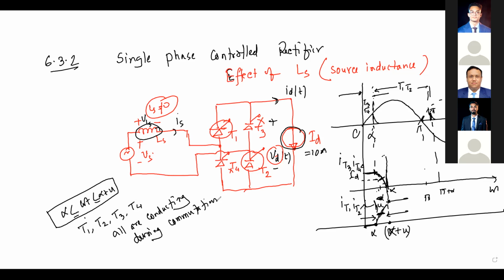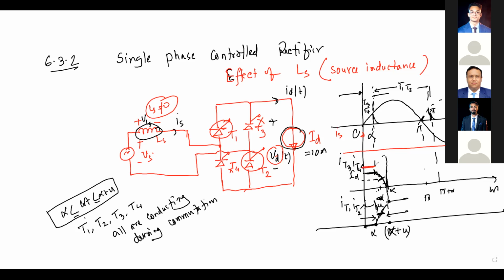Okay, let us have a look at the IS current then. I'm plotting here the IS current. This is your IS. So when T3 and T4 were conducting, the current was negative, right? We have already seen when LS was 0. Can you remember?